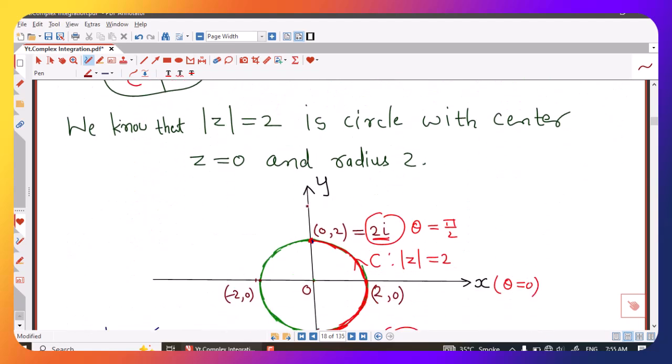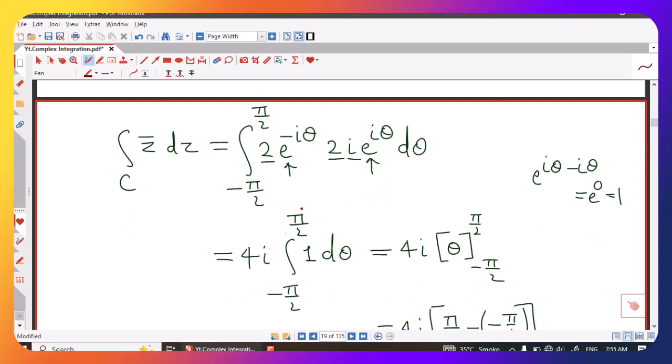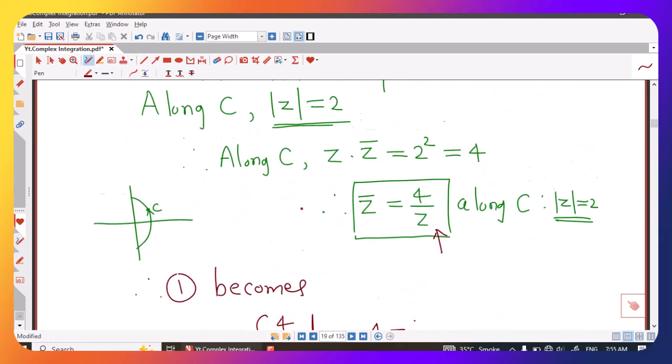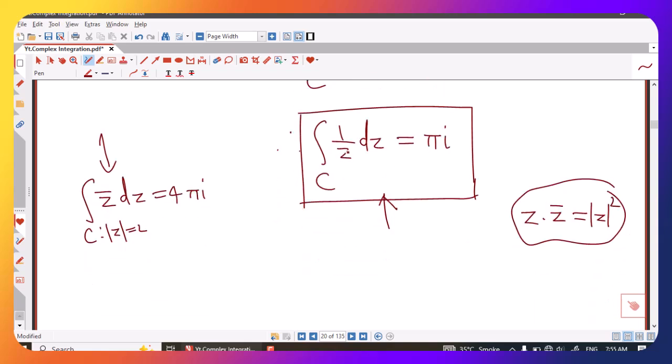So this is a very interesting problem, and we will continue with this type of problems in upcoming lectures. One more thing: here we have integrated 1 by z along the right half of the circle.